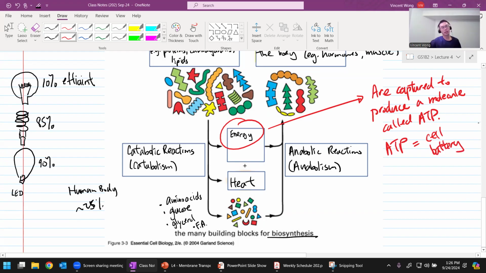That's what a cell uses to store energy. Just like you charge the battery of your phone, or you charge those AA, AAA batteries so that you can use them in different electronics. The cell uses something called ATP.